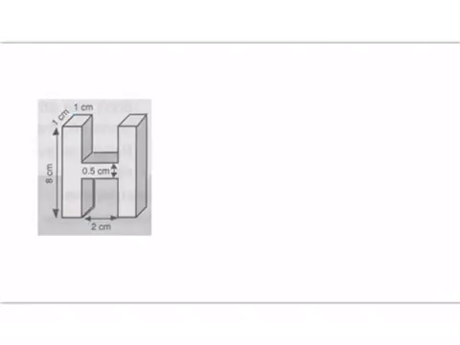The volume of this geometrical shape: I divide it here, and I have again 3 rectangular prisms. You see, the volumes of V1 and V3 are the same, so I can say the height 8 times thickness 1 and width 1, so equal to 8 cm³.